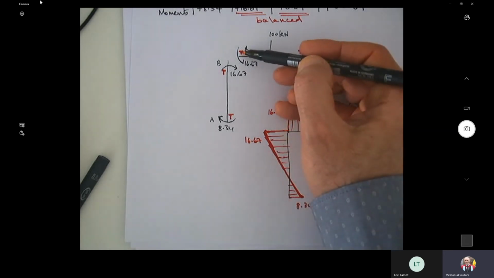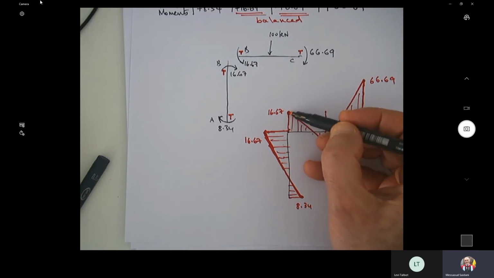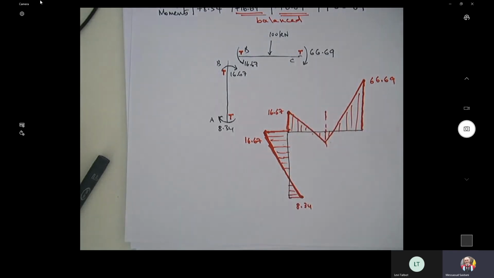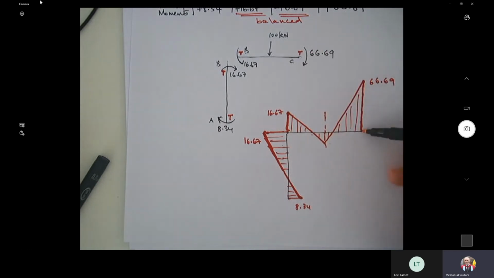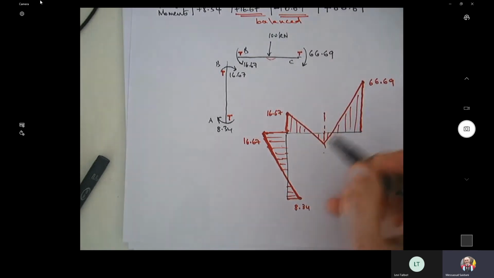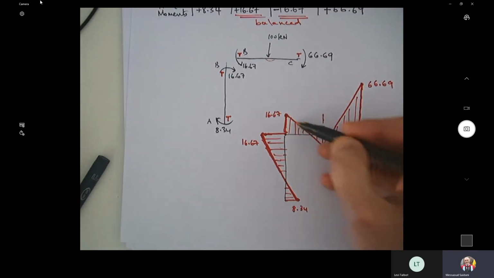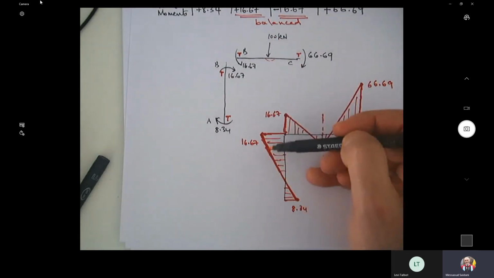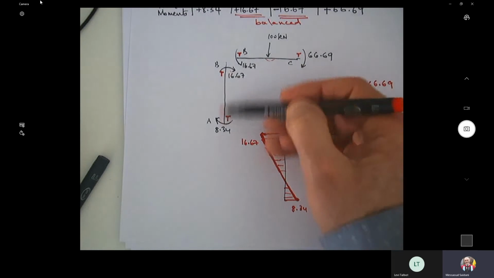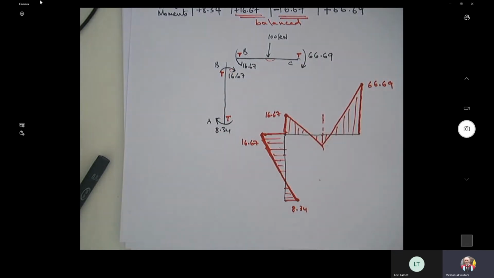And then at the top you've got 16.67. At the top here, where you have the tension, you have 66.69. And because you've got a point load here, the bending moment diagram is linear, and it's going to look like this. And on AB there is no loading, just the moments here. So therefore, you join with a straight line.